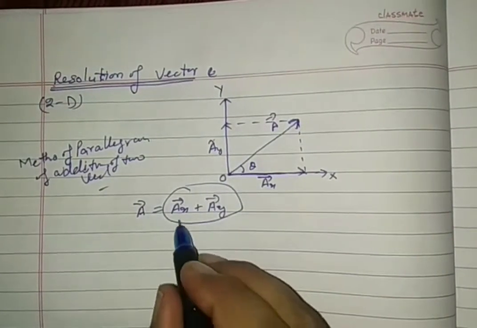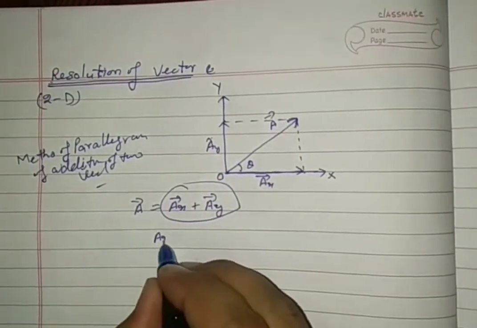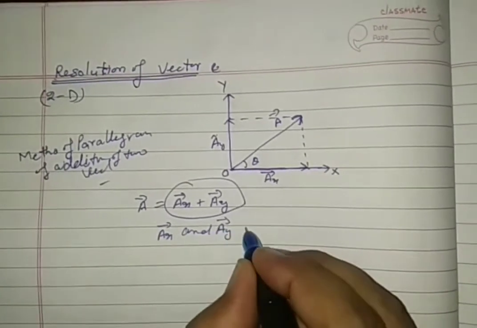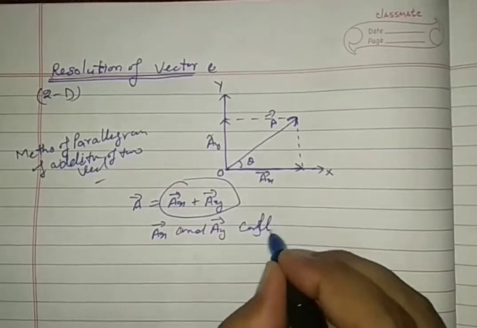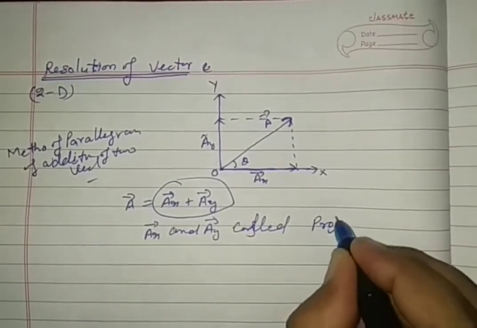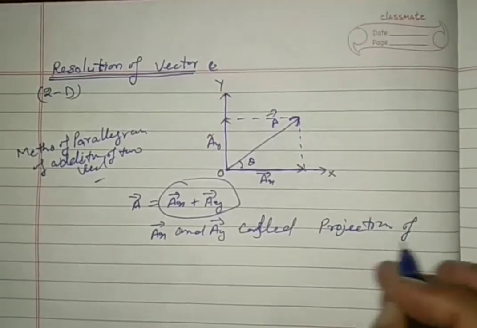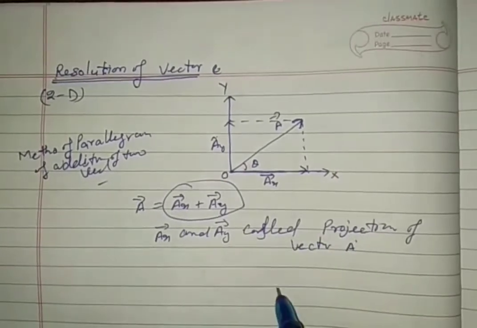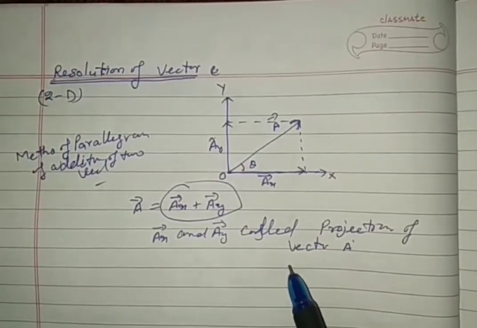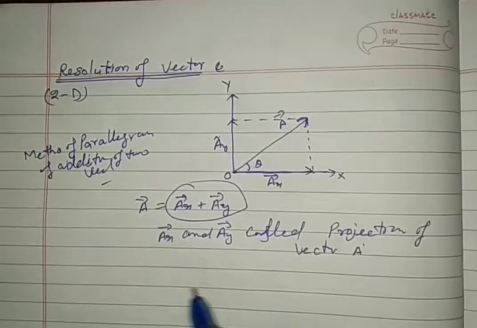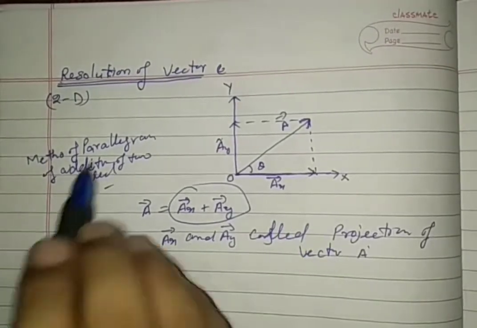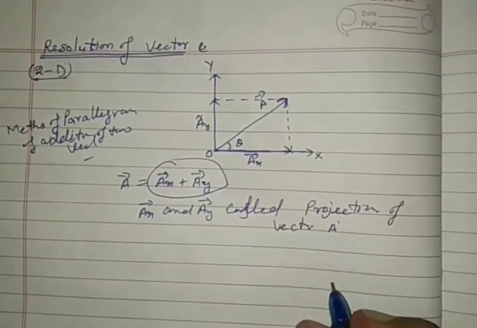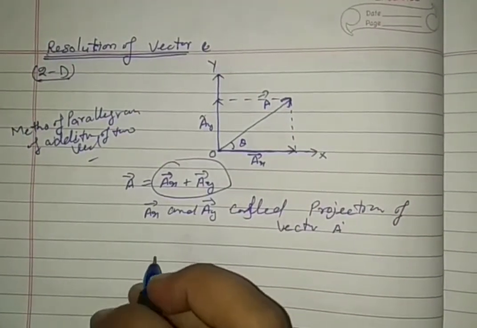So in this case, Ax and Ay are called projections of vector A. In 2 dimensions it has 2 projections, and in 3 dimensions it has 3 projections. So first of all we are looking at 2 dimensions in this case.